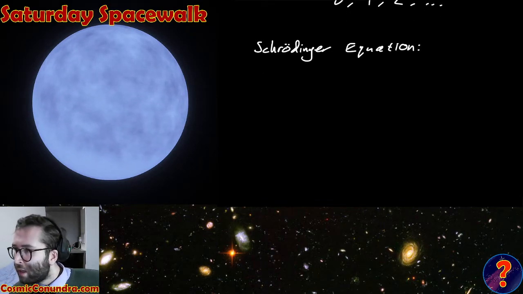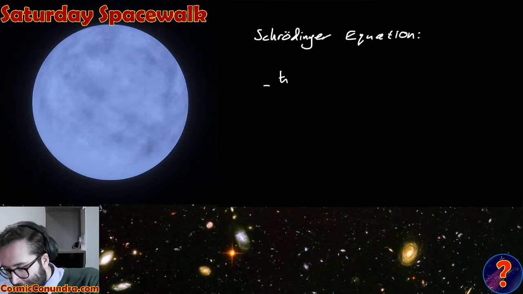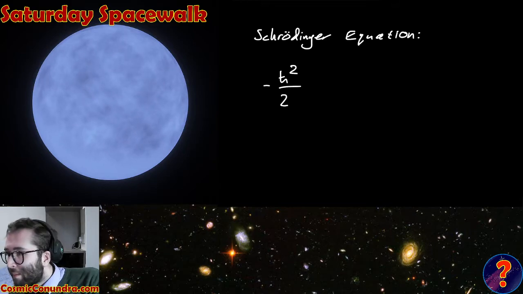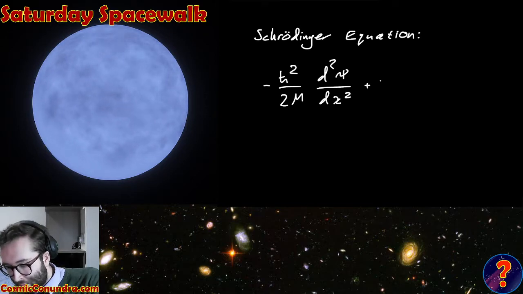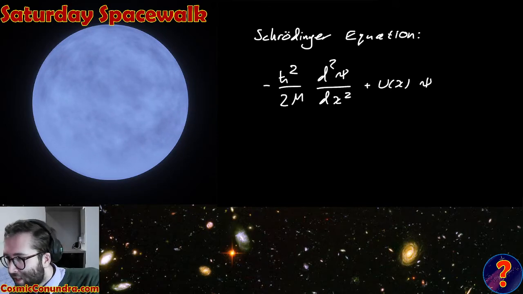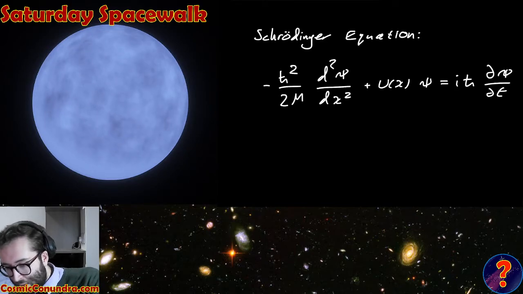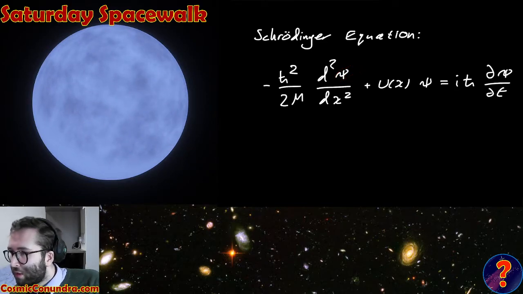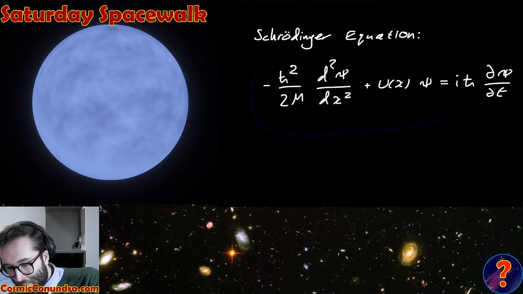This equation describes how fundamental particles behave. And the way that it describes how they behave, you'll notice this quantity I'm writing down here, psi, is crucial to understanding quantum mechanics in this way.